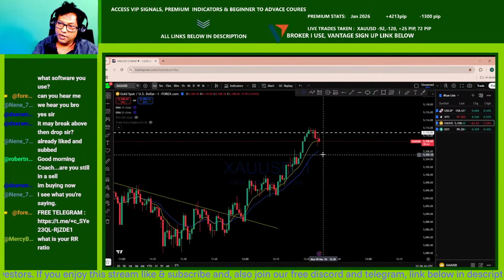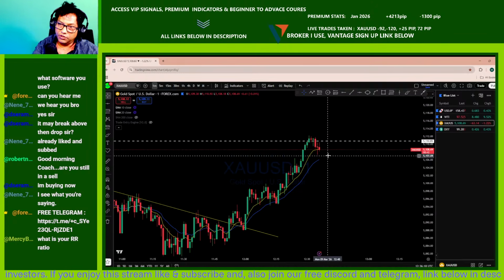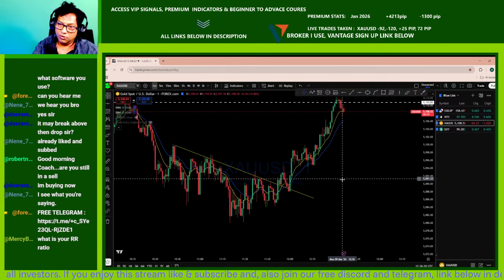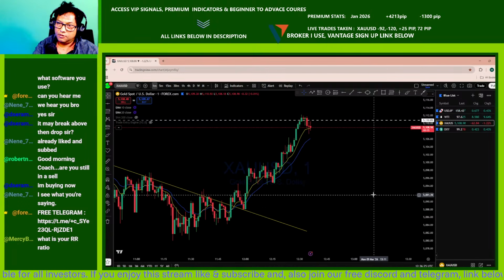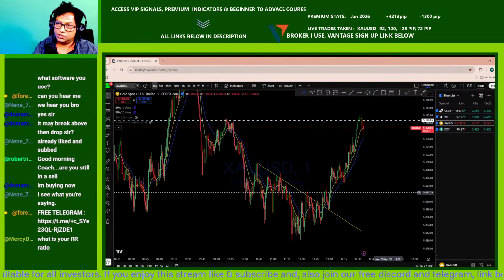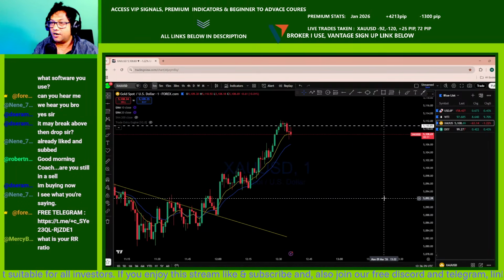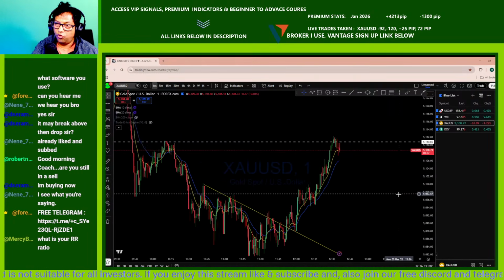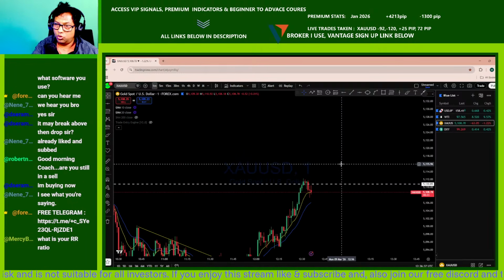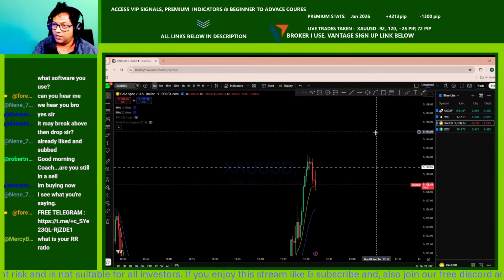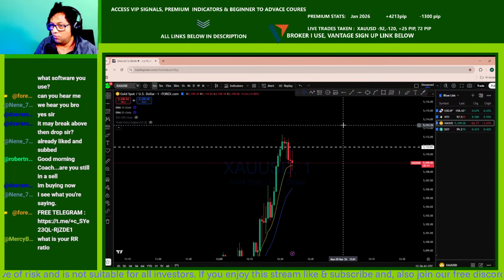If the market creates a reversal pattern here, you can expect it to come back down to this support again, because the longer term, today's price action so far has shown significant downtrending movement back below.